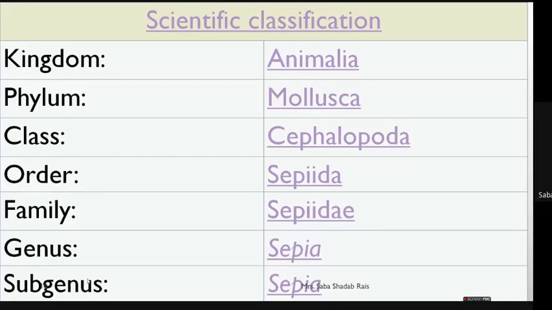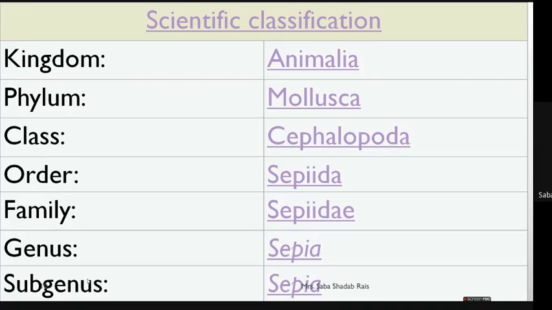In full, you can have kingdom, phylum, subphylum, superclass, class, subclass, superorder, order, suborder, superfamily, family, subfamily. This way we can do the classification. When we talk about the class of the sepia, it belongs to Cephalopoda.